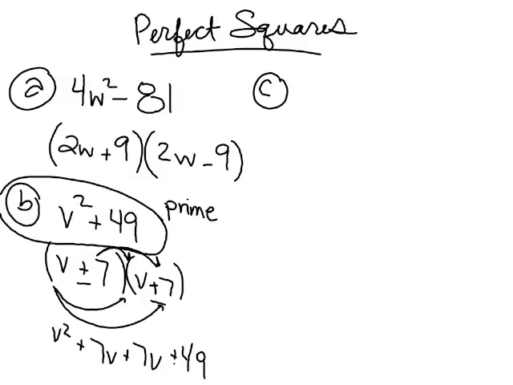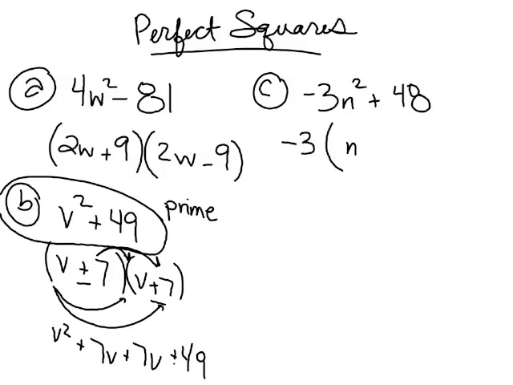Example C is negative 3n squared plus 48. So they tell me it's a perfect square. Does 3 look like a square to you? No. Okay. So I would want to pull out a negative 3 first. So what do I times negative 3 by to go back to negative 3n squared? N squared.